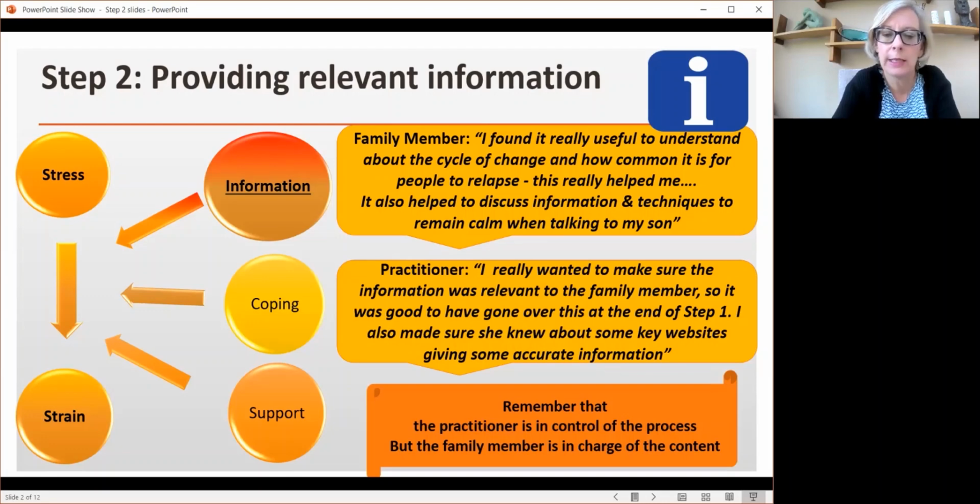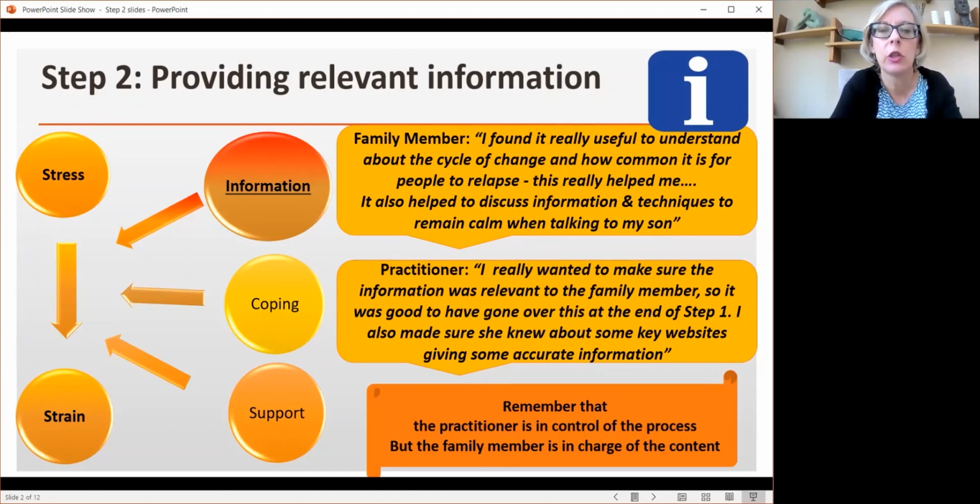And we do stress about accurate information because family members may be looking up all sorts of things on the website, so it's useful for the practitioner to clarify reputable information and reputable websites. And the key thing for step 2 is that information needs and questions that the family members have should come from themselves.